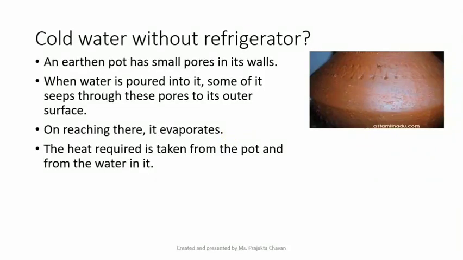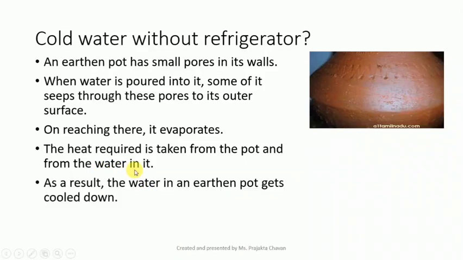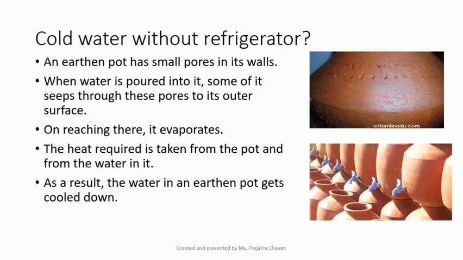So this heat which is required for evaporation is taken from the pot and from the water in it. As soon as heat is taken from the water, it is going to result in the cooling effect, and as a result the water in an earthen pot gets cooled down.